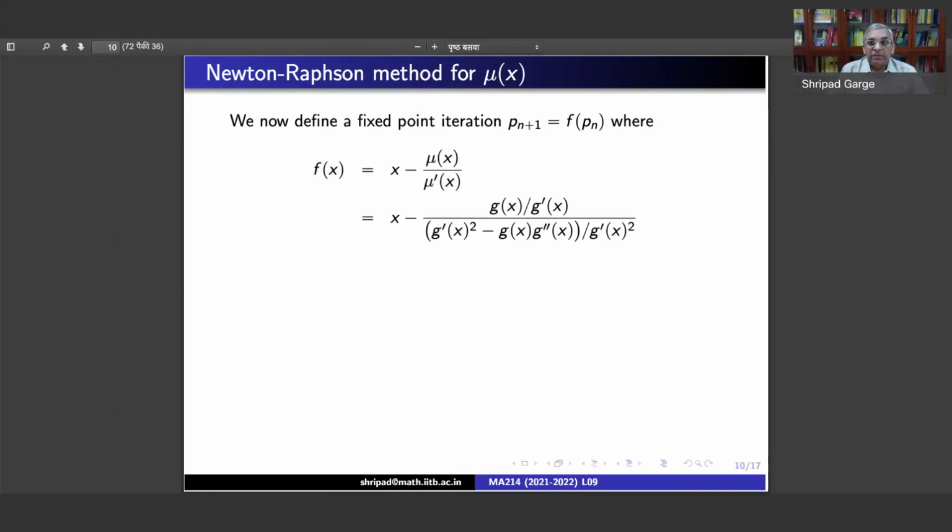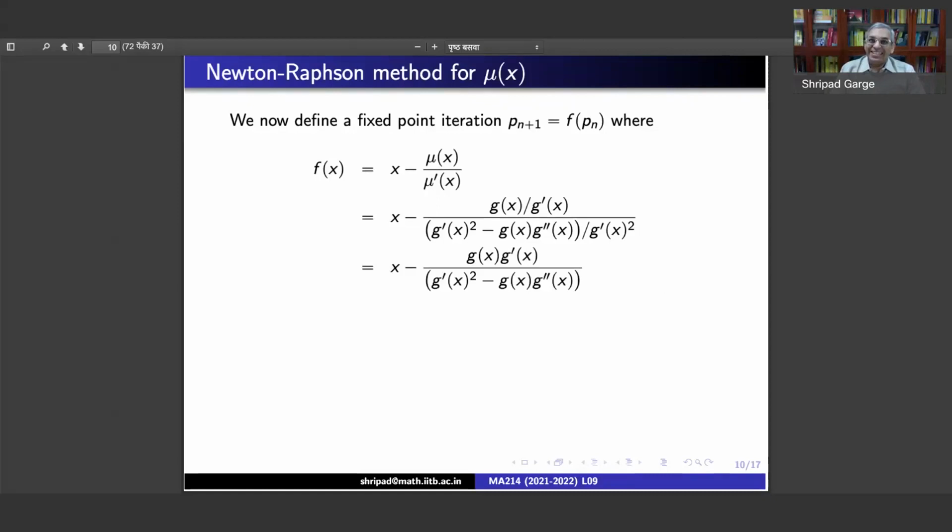So that's the formula we will have, and then this g'(x) whole square, which occurs in the denominator of the denominator, will go to the numerator. It will cancel that one g' which is there in the denominator of the numerator, and it simplifies, if you can call this a simplification, to x minus g g' upon g'^2 minus g g''. This is the formula that we get.